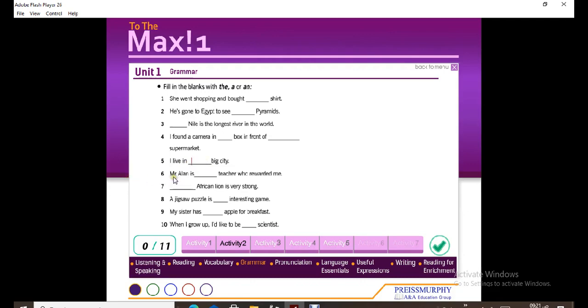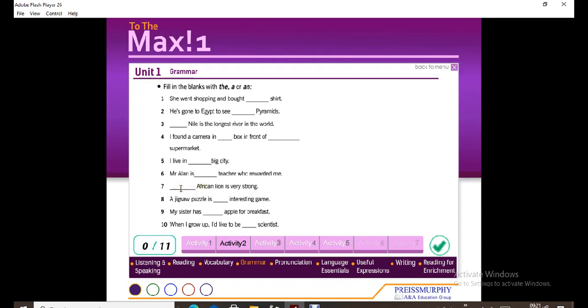Okay, go to number 6. Mr. Allen is, this is a job. I'm talking about the job, so I'm going to write Mr. Allen is the teacher who rewarded me. Okay. Go to number 7, which is African lion is very strong. Here, species, I'm talking about a special kind of lions, not all lions.